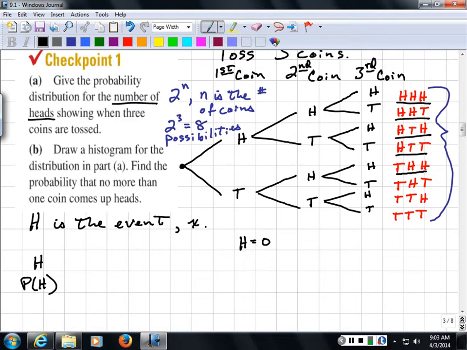In how many of these possibilities are there no heads showing? Just one. That's the tail, tail, tail, right? Okay. So there is one event, or I should say one occurrence, which means that the probability of H being equal to 0 is going to be 1 out of 8, right?